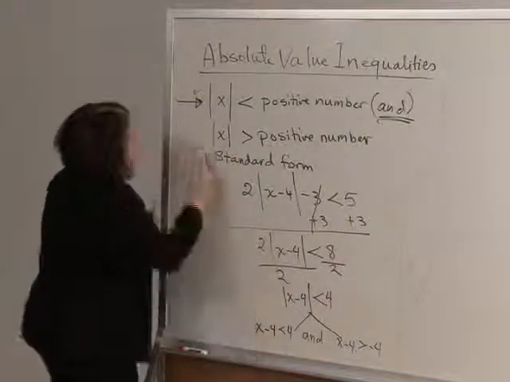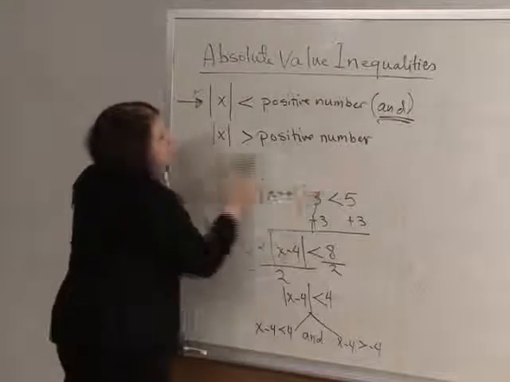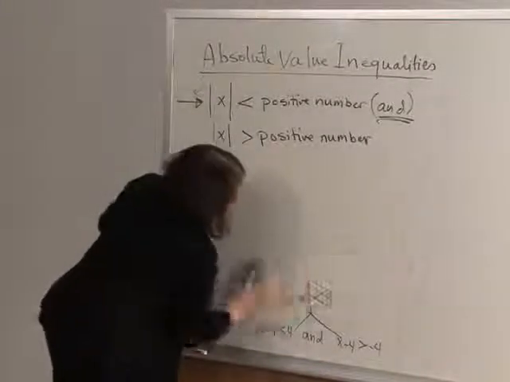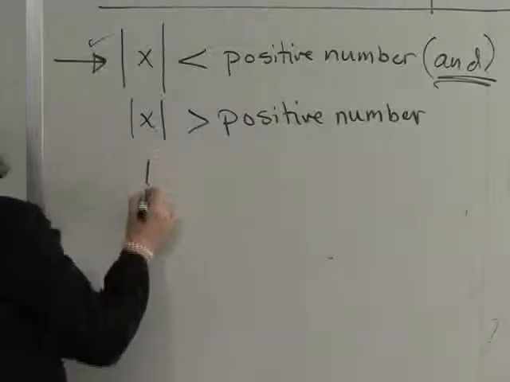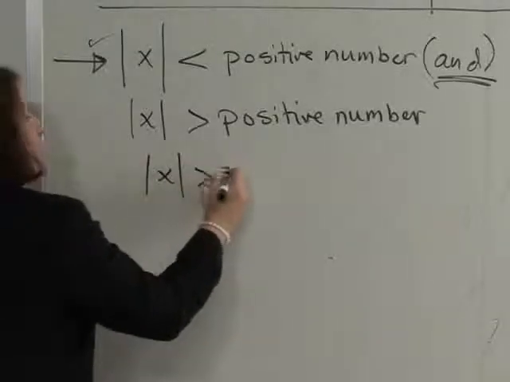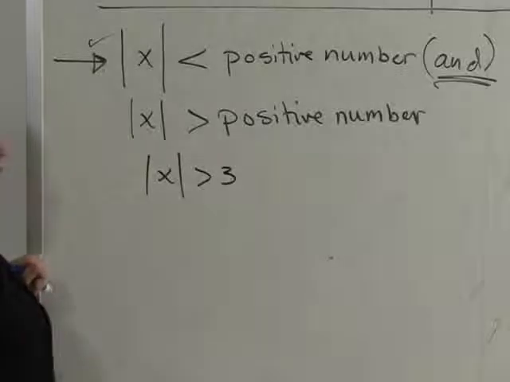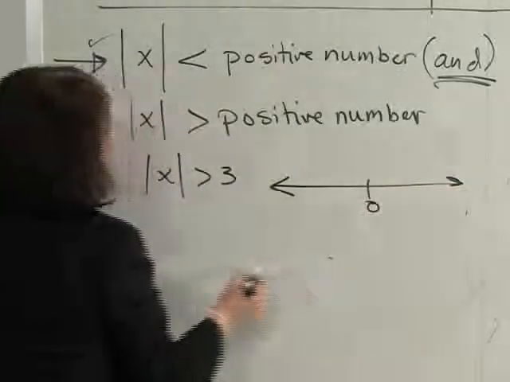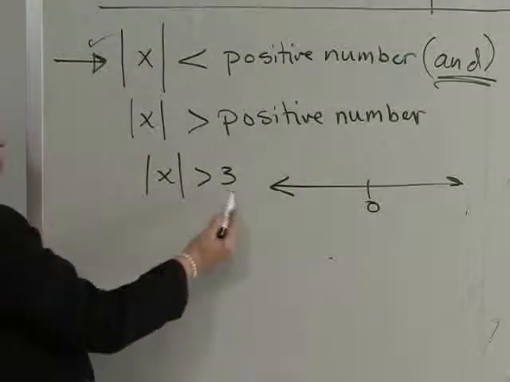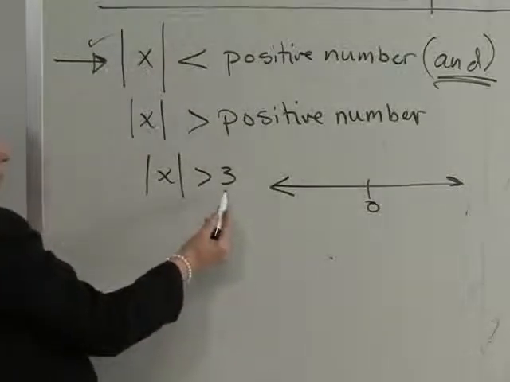Now I'm going to look at the second case here, when the absolute value is greater than a positive number. So if we take, let's say, the absolute value of x is greater than 3. How do I translate this to a distance statement? Well, this is saying that x is more than 3 units from 0.